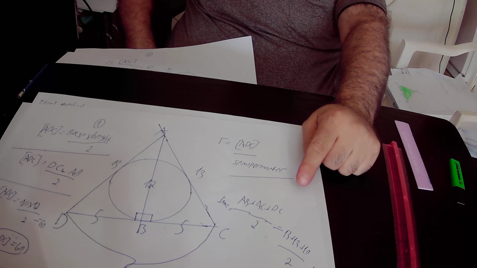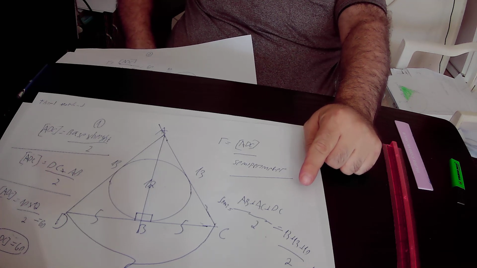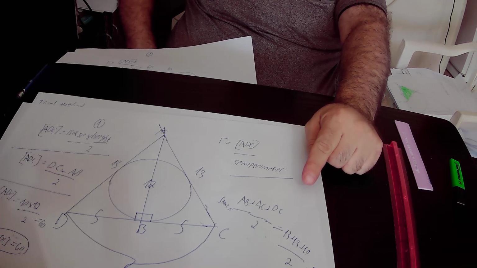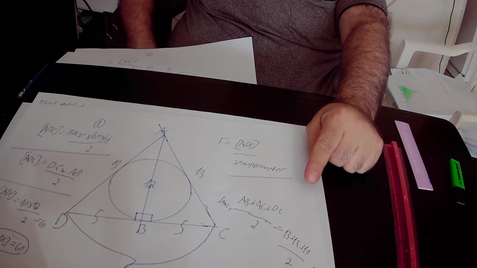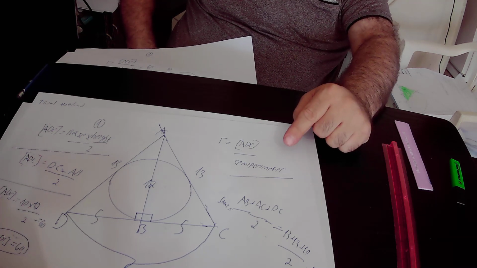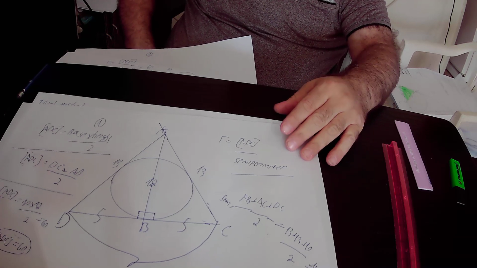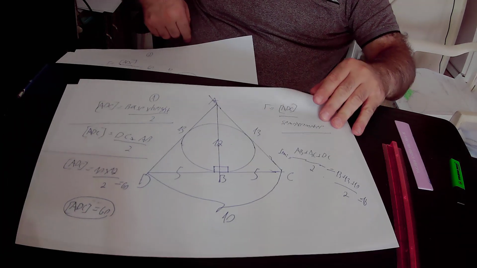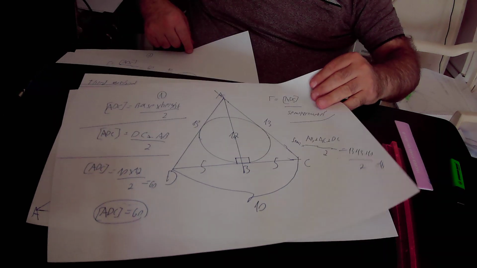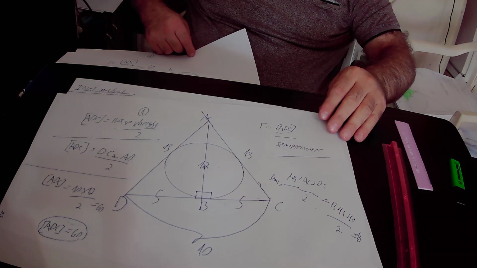So AB is 13, AC is 13, DC is 10, all divided by 2. 13 plus 13 is 26, 26 plus 10 is 36, 36 over 2 is 18. So we found out that the semi-perimeter of triangle ADC equals 18, and the area is 60 square units.